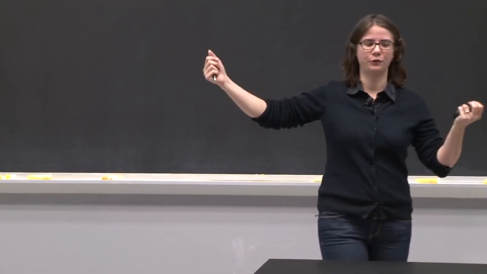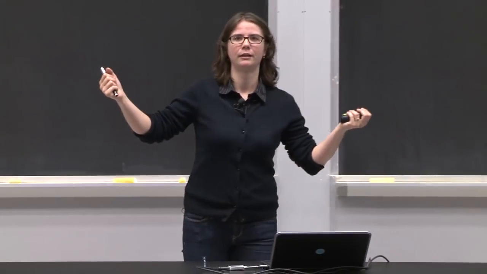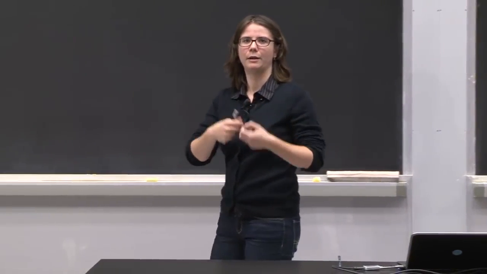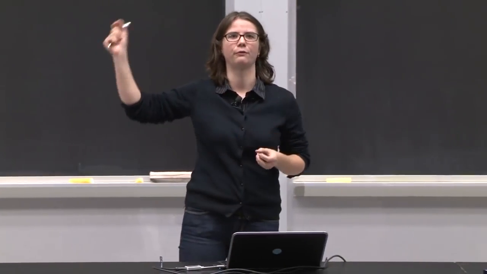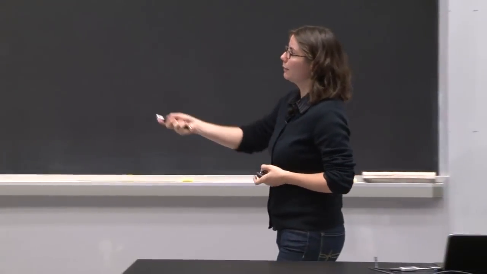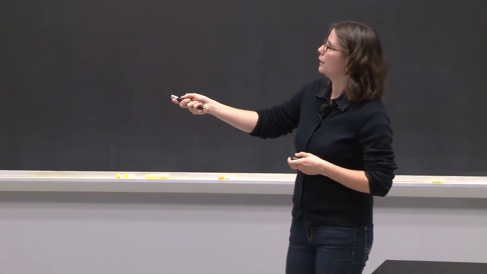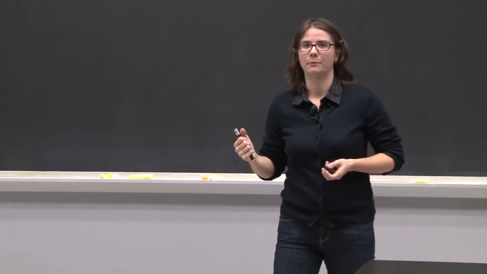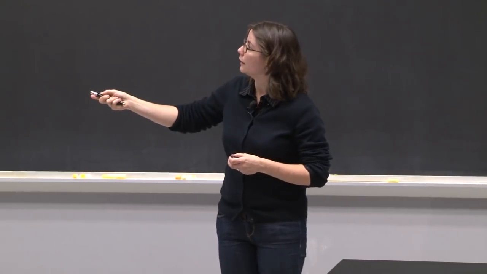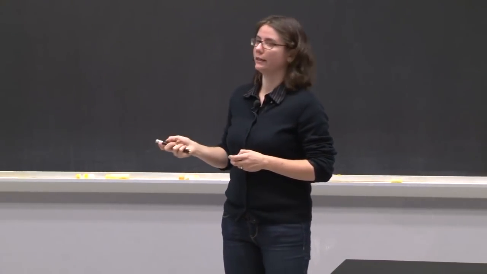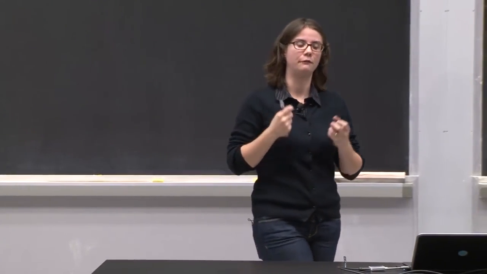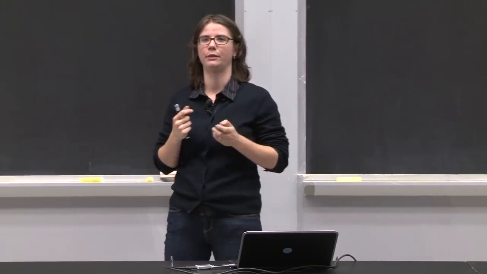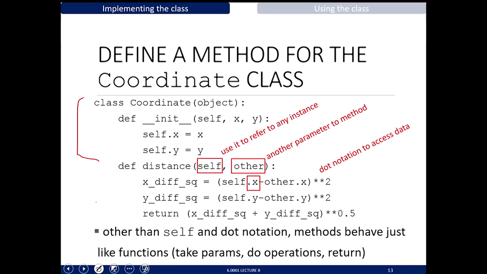So here I'm going to just implement the Euclidean distance formula, which is x1 minus x2 squared plus y1 minus y2 squared, and the square root of all that. So that's what I'm doing inside here. Self and other are coordinate objects. Inside this method, I have to refer to the x data attributes of each object if I want to find the difference between the 2 x values from them. So that's why I'm doing self.x here, right?